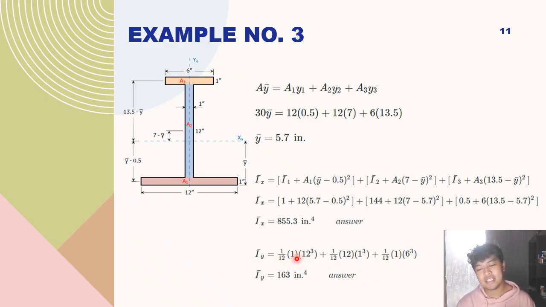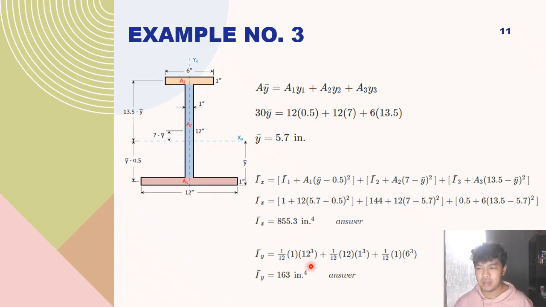Since we are using Iy, if you remember, we are to use b cubed h over 12. That's what we're doing here.